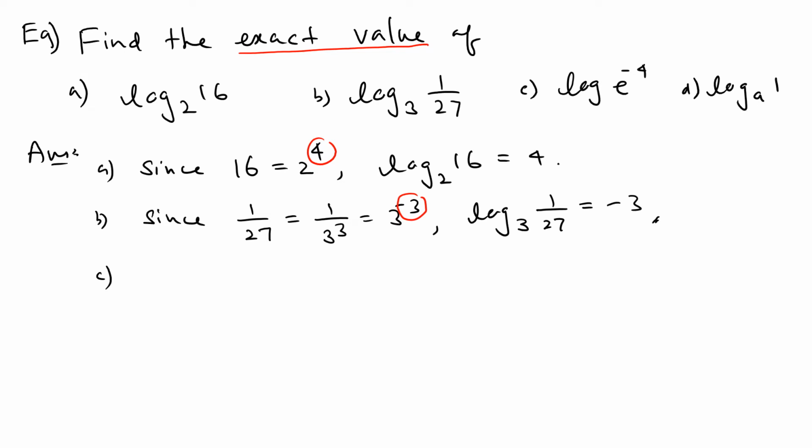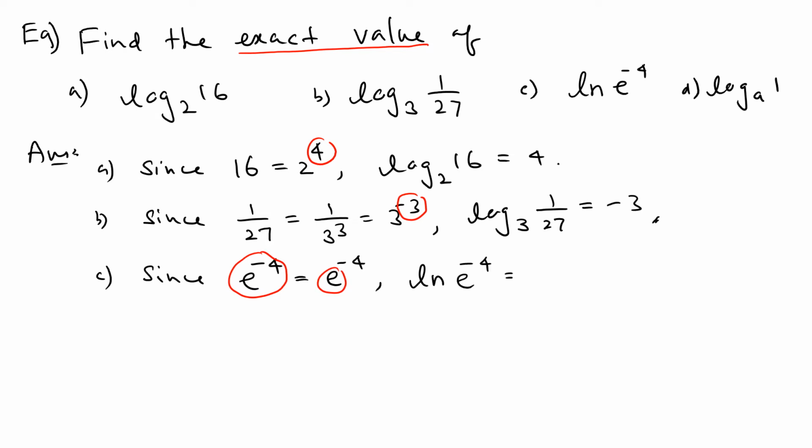Let me change this problem a little bit. I'm going to change this to ln, so it's more interesting. Since you can write e to the negative 4 as just one number, this is simply e to the negative 4. So you can write this number using the base e. So the natural log of e to the negative 4 is simply negative 4, because it's already written using the base e.